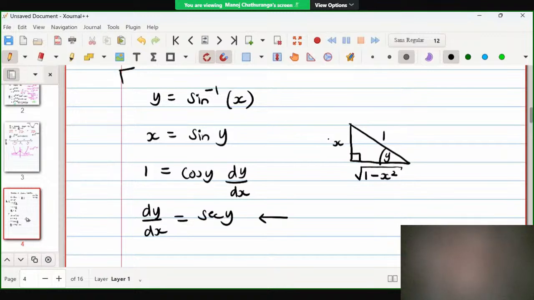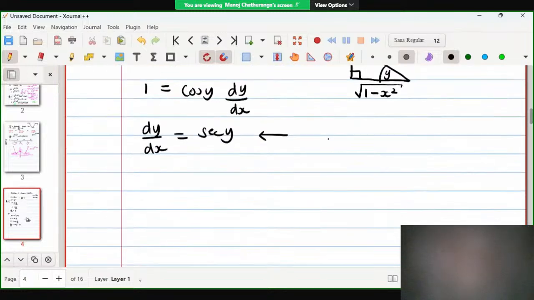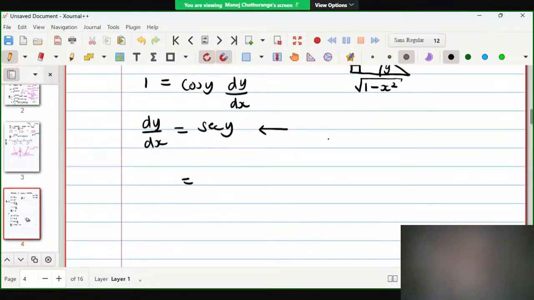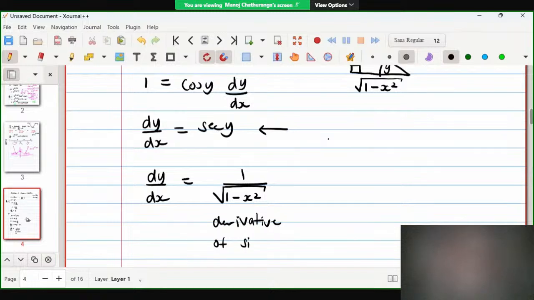Then cosine is adjacent divided by hypotenuse, so the cosine is just square root of 1 minus x squared. Secant is the reciprocal of that, so the reciprocal of square root of 1 minus x squared. So this is the derivative of sine inverse.